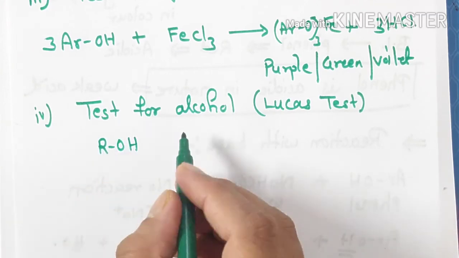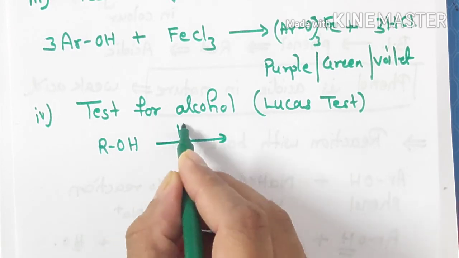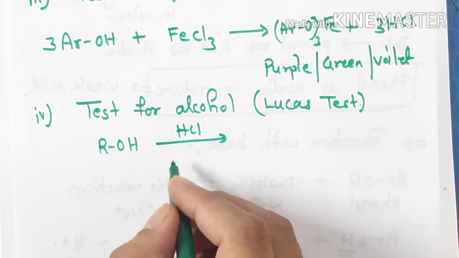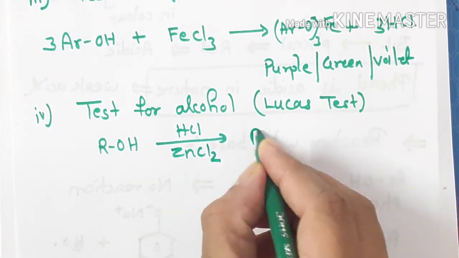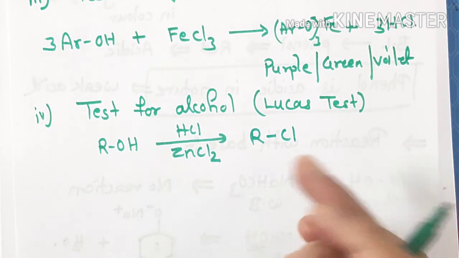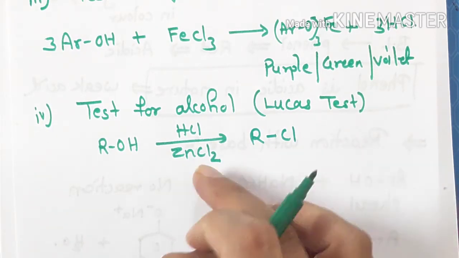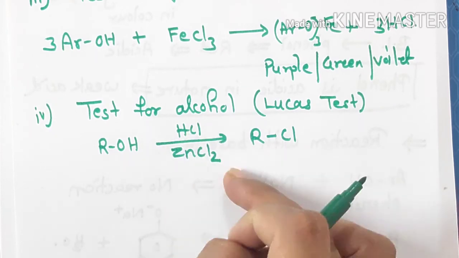Alcohol is treated with HCl in presence of ZnCl2, and it gives alkyl halide. That is what the test is. It gives alkyl halide, for example alkyl chloride, because here we use HCl and ZnCl2.